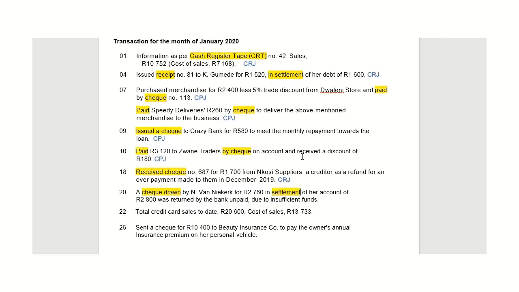Another keyword which we will use later was returned by the bank as unpaid. Which means initially we received this check from Van Niekerk, we recorded it on a CRJ, but now the bank returns it. If the bank returns it, it means we've got to reverse it. So we need to do it on the opposite journal.